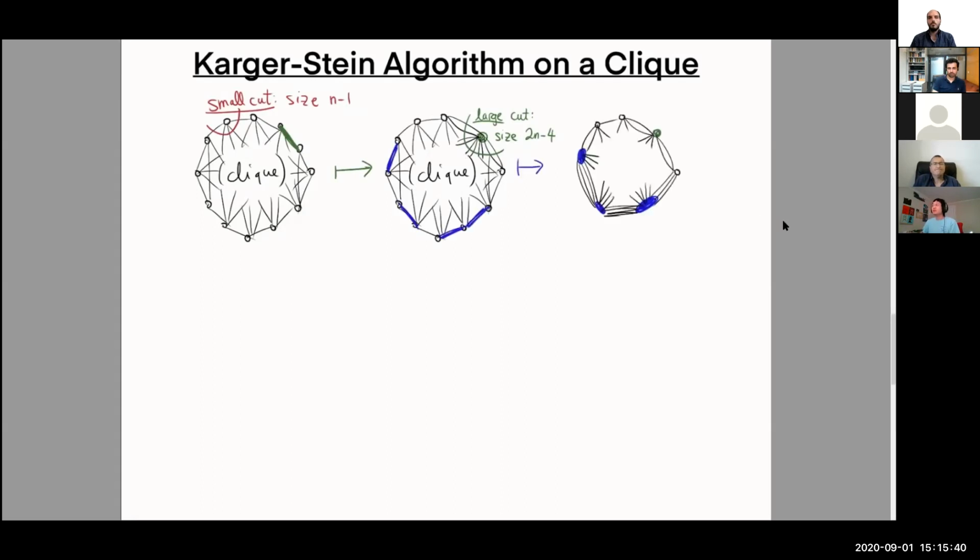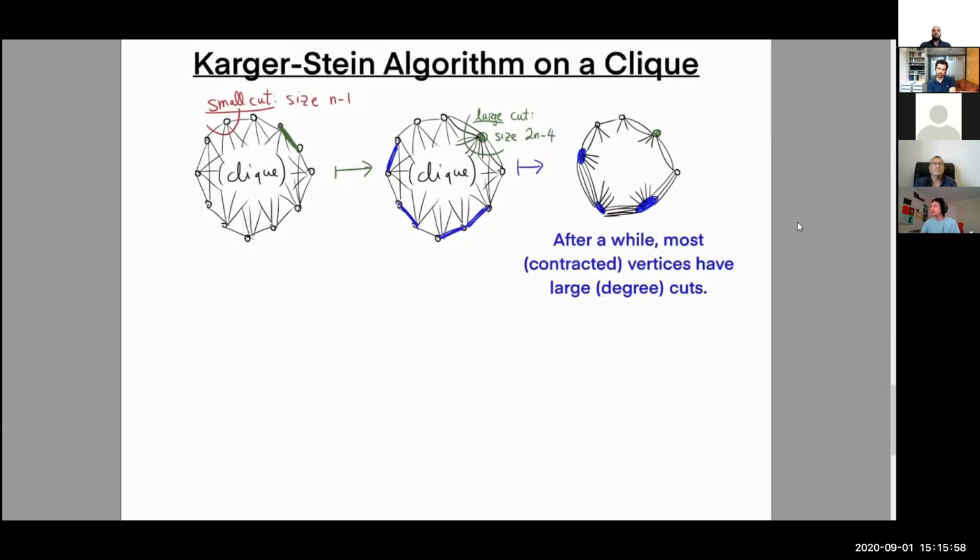And now after, let's say, n over 2 iterations, a lot of these other edges will be contracted, and they'll all be contracted into vertices of degree roughly 2n, or possibly more if they got further contracted. So in particular, after a while, it's not clear how long, but after a while, most vertices will be contracted vertices in the remaining graph. And these vertices have degree at least 2n, because at least 2 vertices got contracted to them.